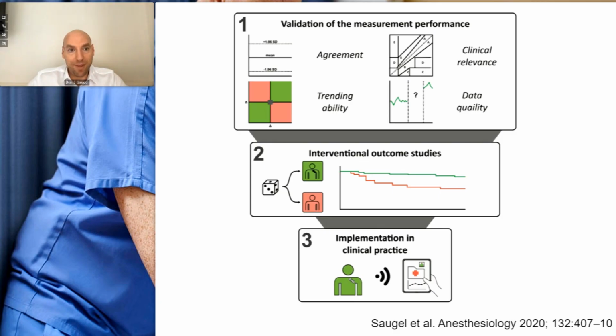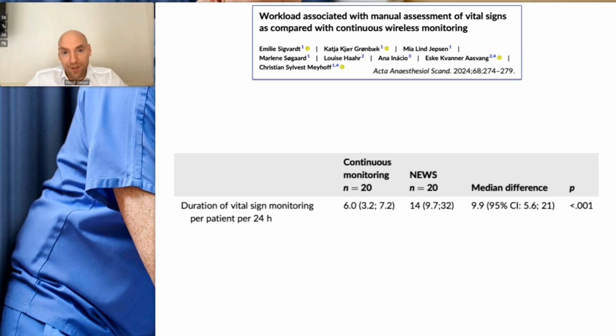And this is probably something that we will discuss after the presentations, because depending on the system you are dealing with or working in, there are many hurdles to implementing systems like that in current clinical pathways. There are some data now that show that implementing those systems in routine clinical care can improve outcomes and also reduce the workload for nurses.